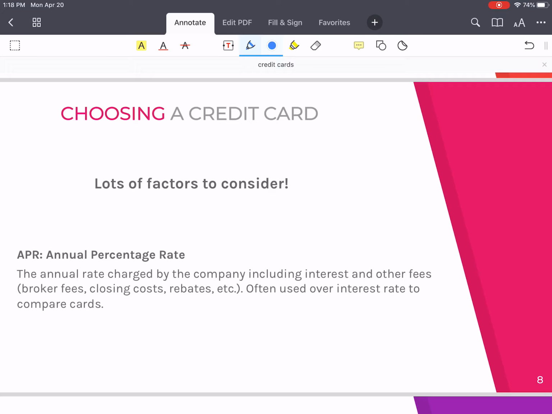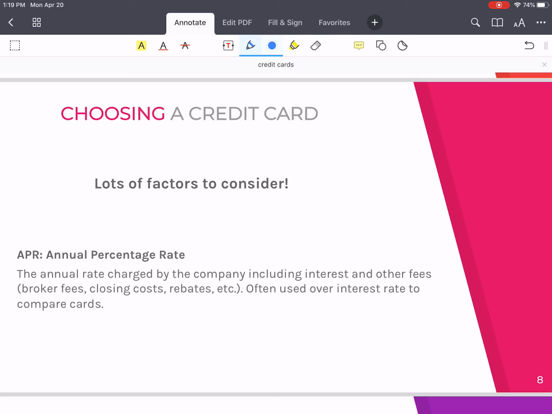It's basically your interest rate plus any other broker fees, closing costs, rebates, any other type of bank fees that are related to loans and interest rates. Usually they give that online instead of the interest rate, just because it kind of encompasses everyone, so that there's no hidden fees, which people like. So that's typically what you look at when you compare cards in order to choose one.